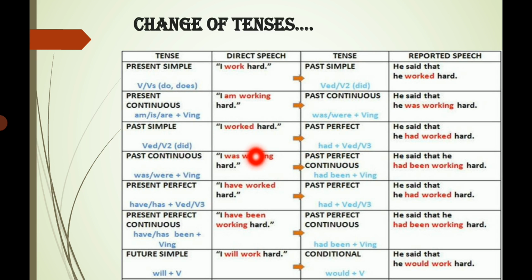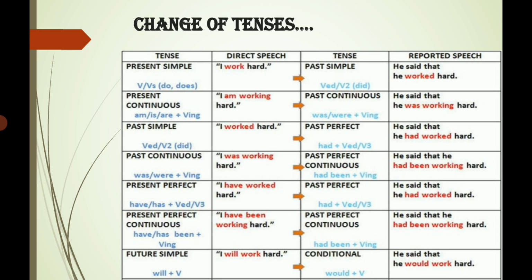So the sentence will be like this: he said that he had worked hard. Next, you can see that if the sentence is in past continuous, it will be changed into past perfect continuous, and if the sentence is present perfect, it will be changed into past perfect. If it is present perfect continuous, it will change into past perfect continuous.